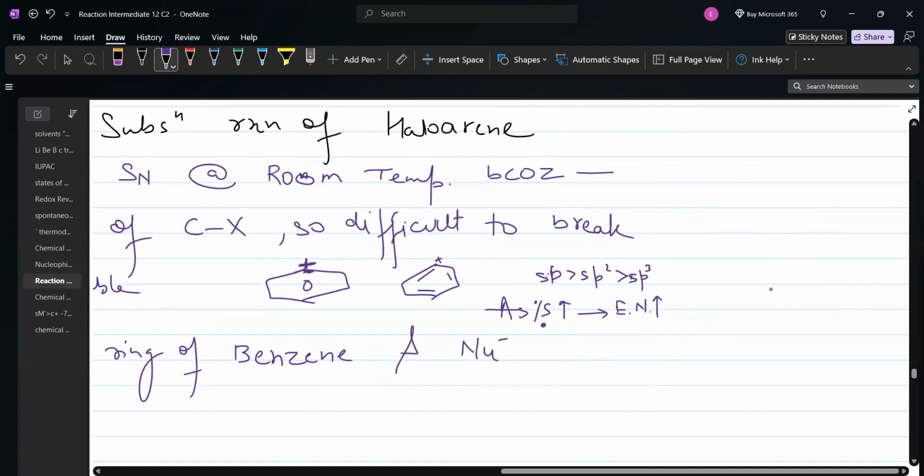Yes, sir. Siddhika, you understand that this is sp3 carbon, this is sp2 carbon, and this is sp carbon. Yes, you know this.